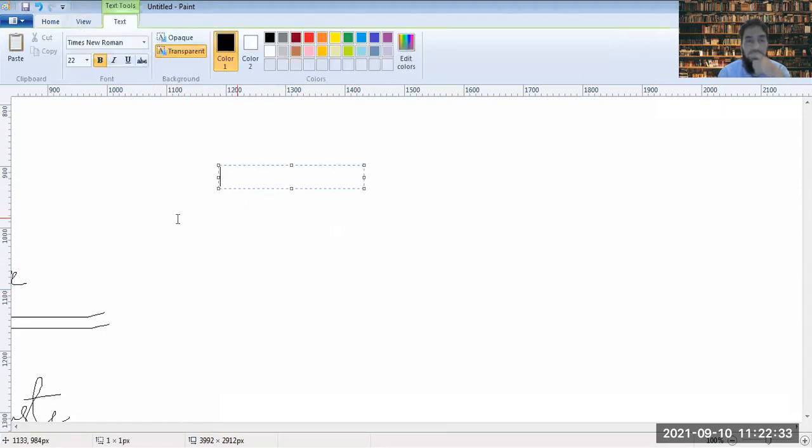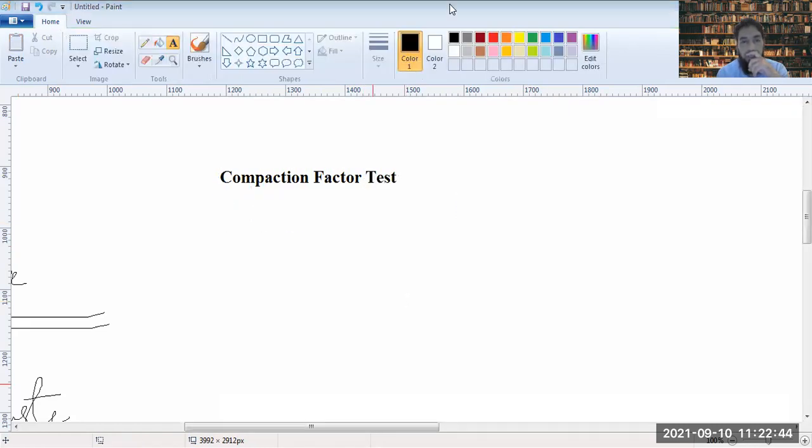The second test was the compaction factor test. I can just show you an example in the figure to define what a compaction factor test is.